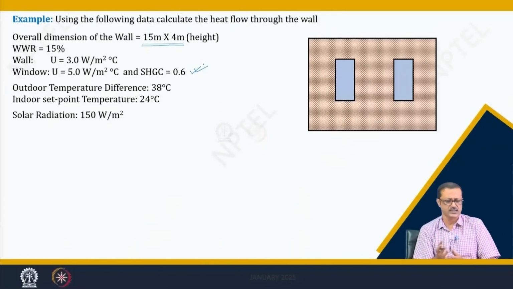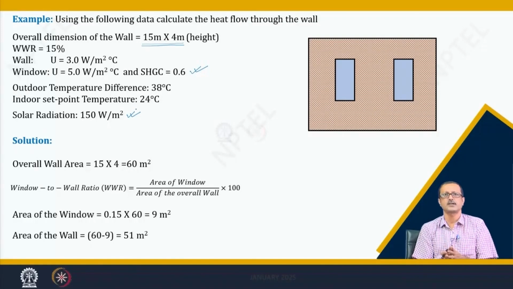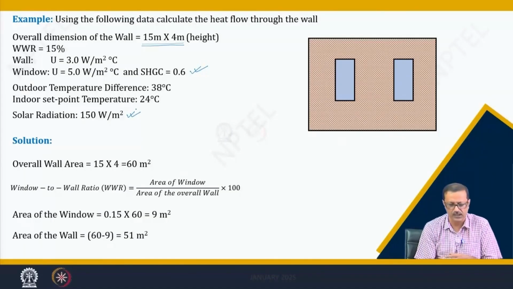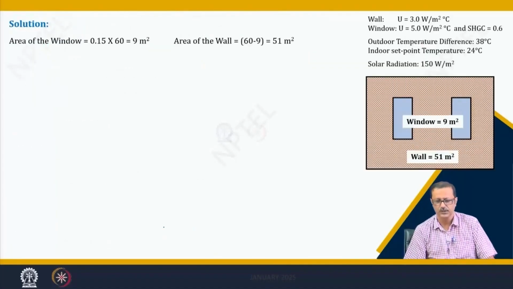The outdoor temperature and the indoor temperature are also given, and solar radiation I have mentioned as 150 watt per meter square. So, first of all I need to know how much is the wall area and how much is the window area. This window to wall ratio is going to help me. So, I found out that 51 meter square is the wall area and 9 meter square is the window area, fine. So, I take it to the next slide.